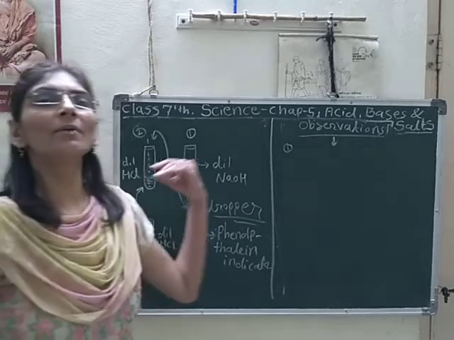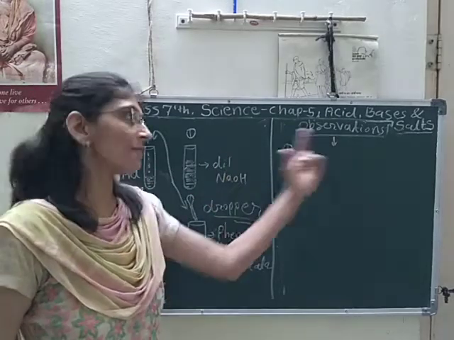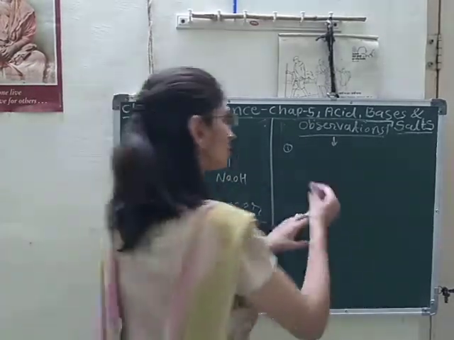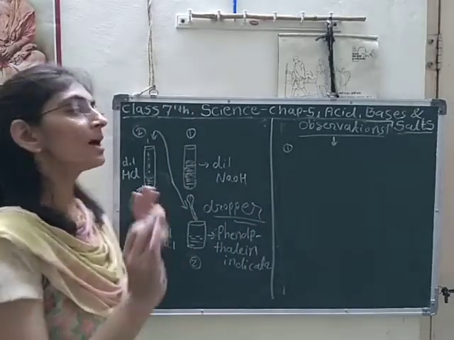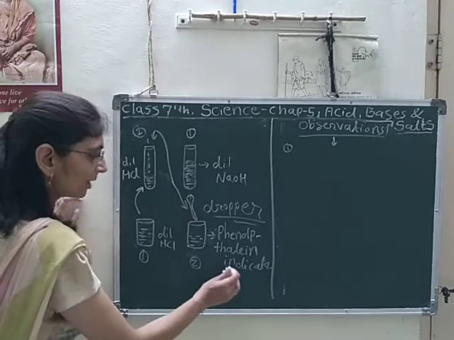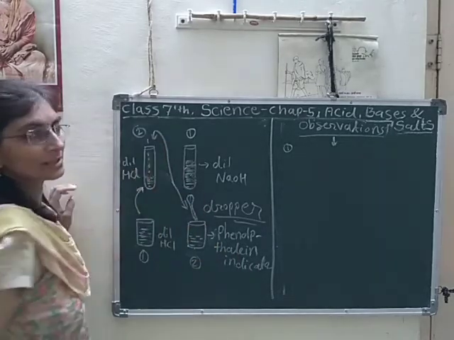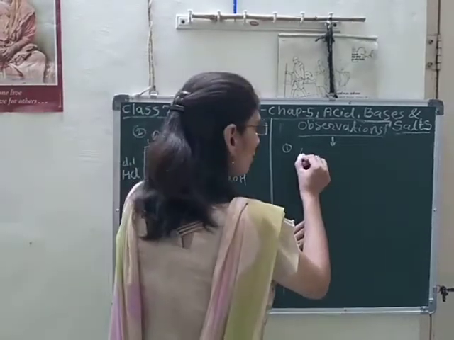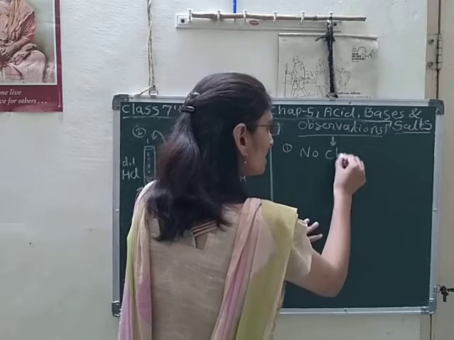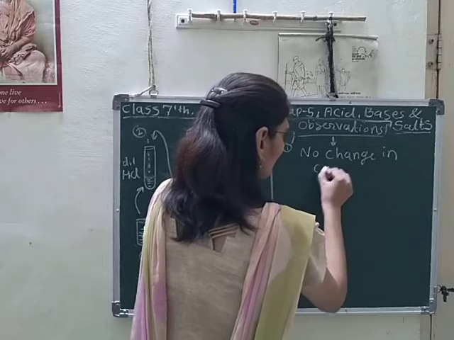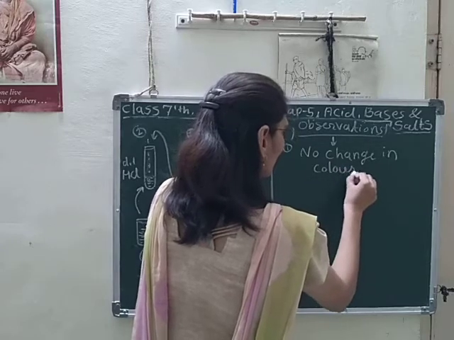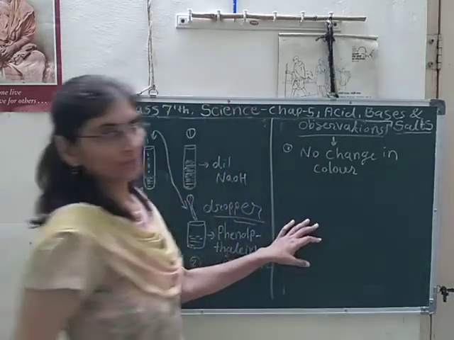So what will be my first observation? I will write here: there is no change in color when we add the phenolphthalein indicator in acid. No change in color. This is my first observation.